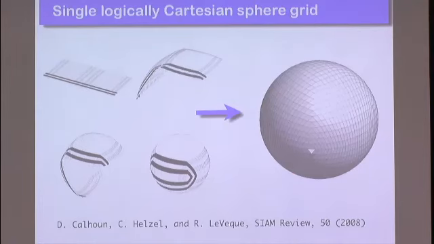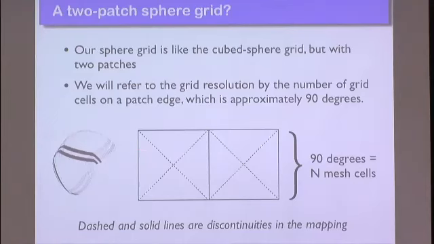It's not particularly orthogonal. It has seams and discontinuities, so you can't get rid of the pole problem. You can't make it go away, but you can distribute it more evenly, okay? In our case, the mapping is discontinuous around the edges and across these diagonals, all right?